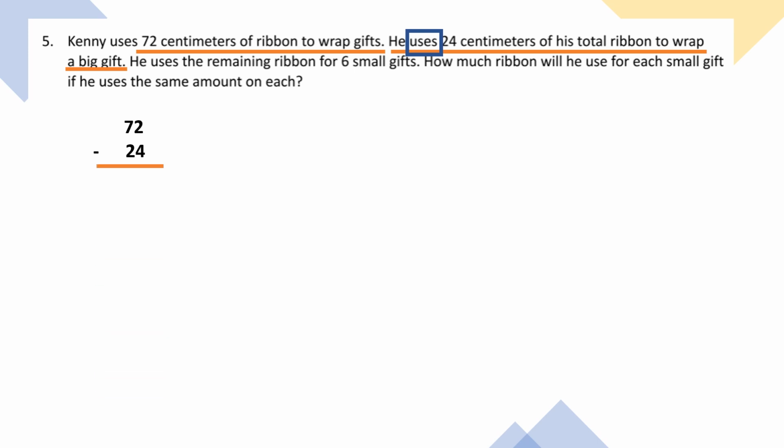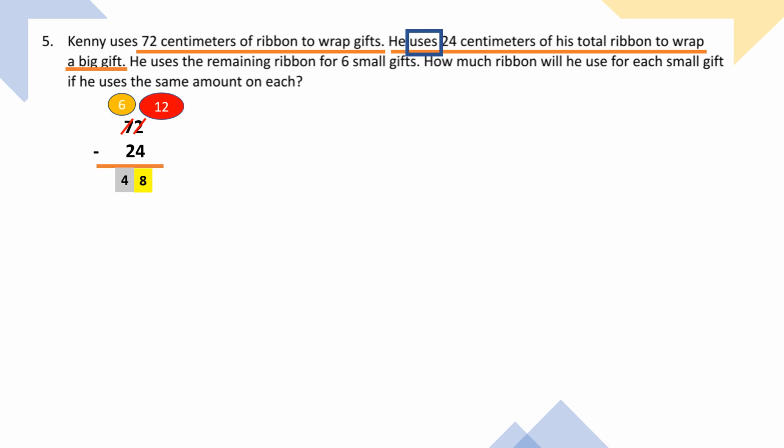So let's start, as always, with our ones place. 2 minus 4. Well, we can't do that. So we have to borrow from the tens place. That 7 now becomes a 6. And that 2 is now going to become a 12. Now we can subtract. 12 minus 4 is 8.